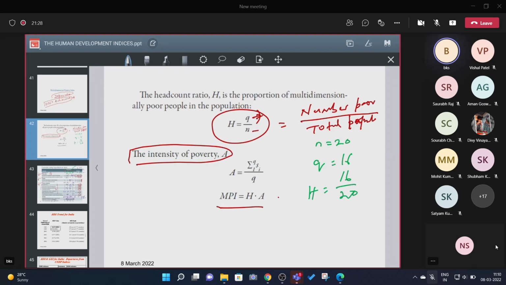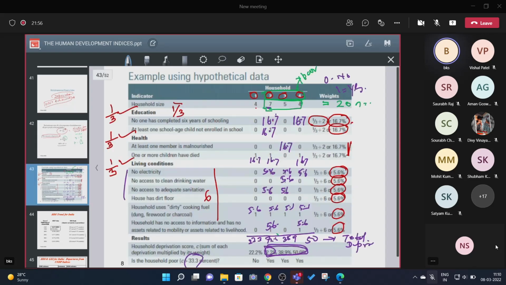Now we can calculate the intensity of poor for all these households or members, that is the deprivation score si, summing it over all the members. So here you see this household deprivation score is 72.2.